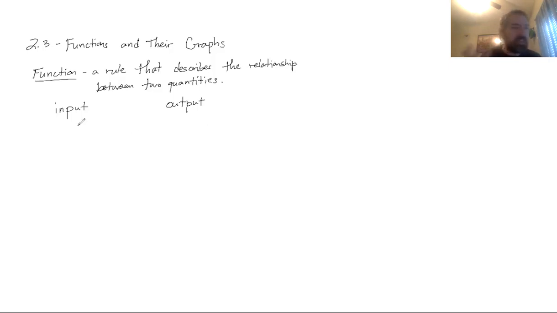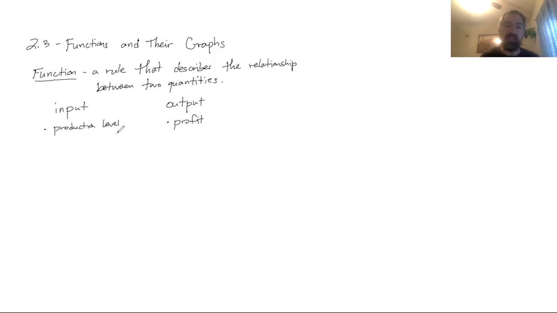And in business applications, some common examples of inputs could be, say, the production level. If you're producing something at a factory, you can determine how much profit you would make based on how many of those items that you make.